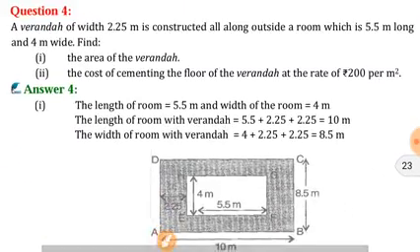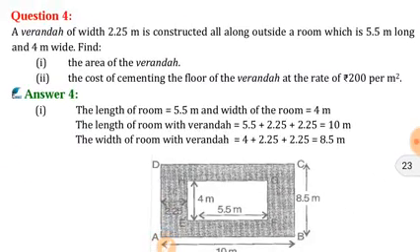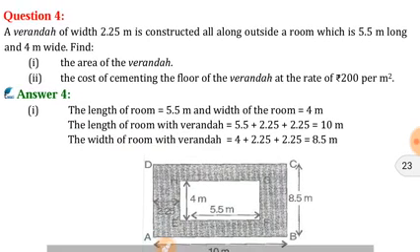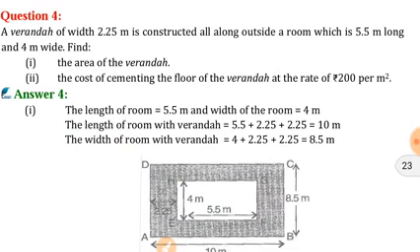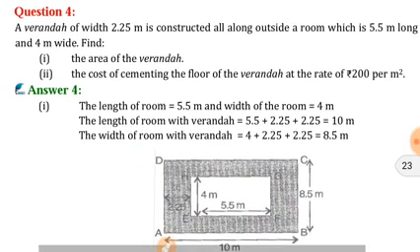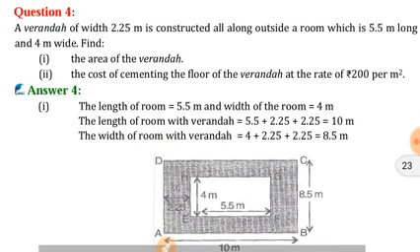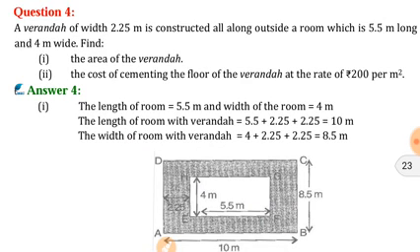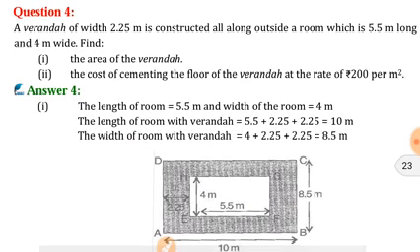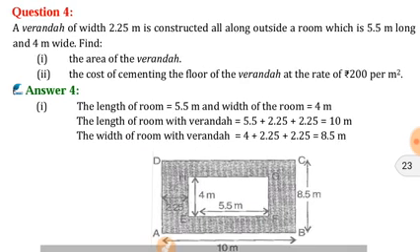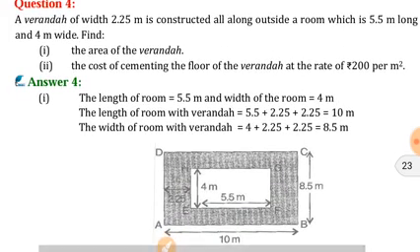Then the fourth one: a veranda of width 2.25 meter is constructed all along outside a room which is 5.5 meter long and 4 meter wide. Find the area of the veranda and the cost of flooring the veranda at the rate of rupees 200 per meter square.